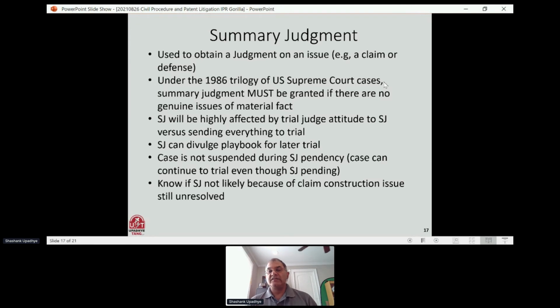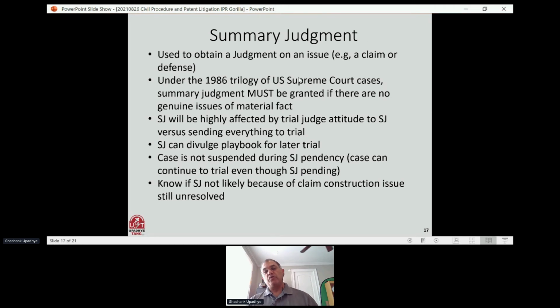Now, under the 1986 trilogy of U.S. Supreme Court cases, summary judgment must be granted if there are no genuine issues of material fact. So the moving party will allege there are no genuine issues of material fact and proffer the evidence, and then the non-moving party has to respond and show that there are genuine issues. Otherwise, summary judgment must be granted.